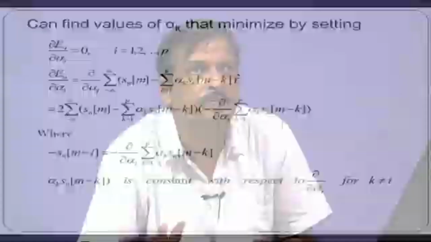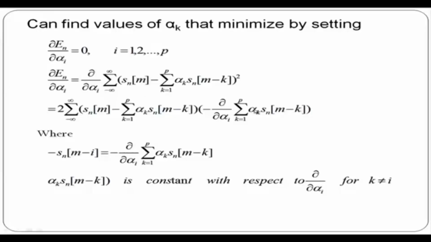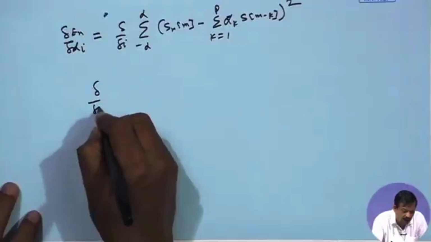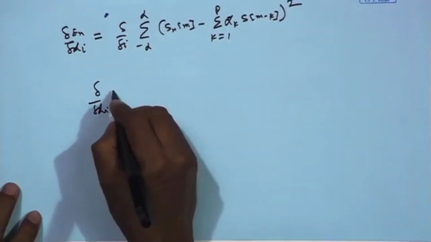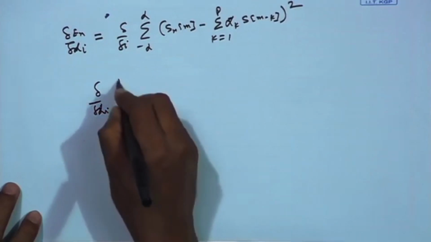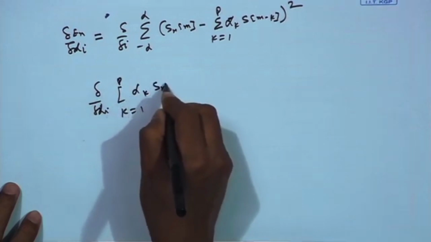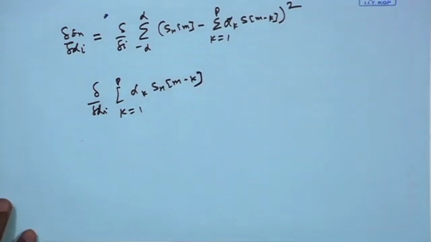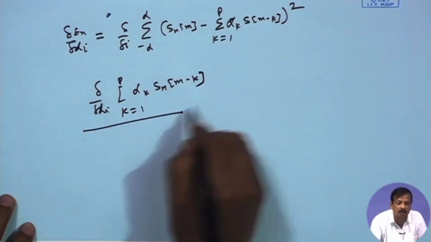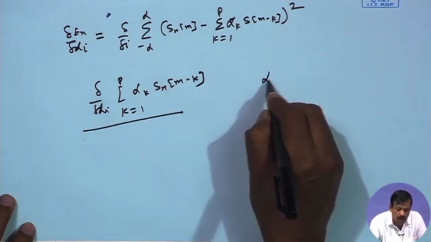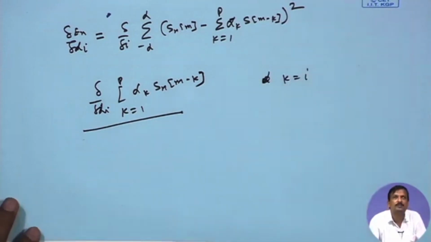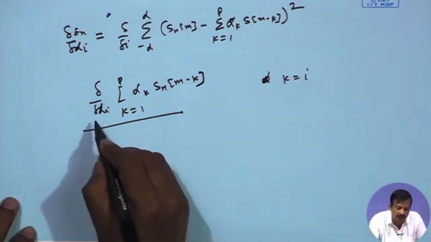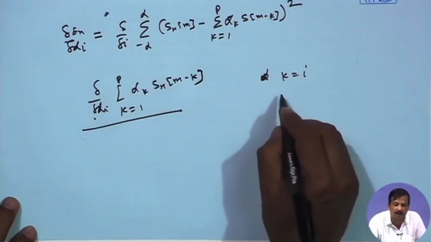Okay. So, if it is this, now if you see this d by del alpha I of the sum over k equal to 1 to p of alpha k s n m minus k, this derivative only exists when k is equal to I. For that value this derivative exists, otherwise it is a constant.